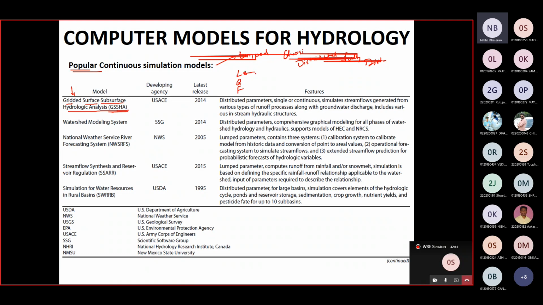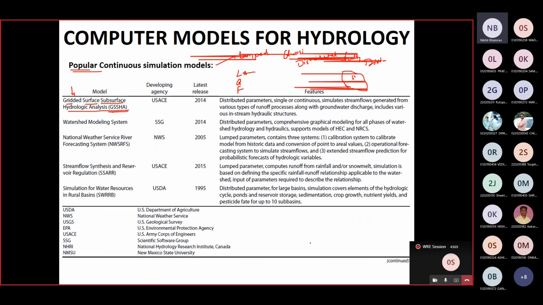Now when we say lumped parameters, if you have any particular catchment, and there is rainfall data for one particular rain gauge station, we are going to assume this data as lumped parameter data.